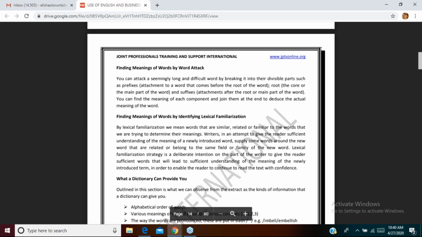So present simple is used for actions that happen regularly. For example, I teach use of English.